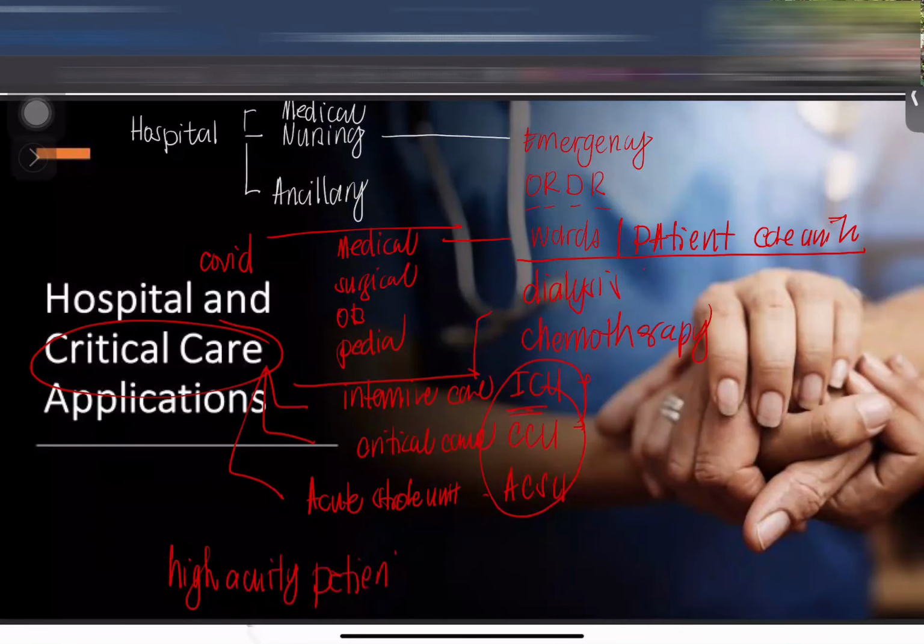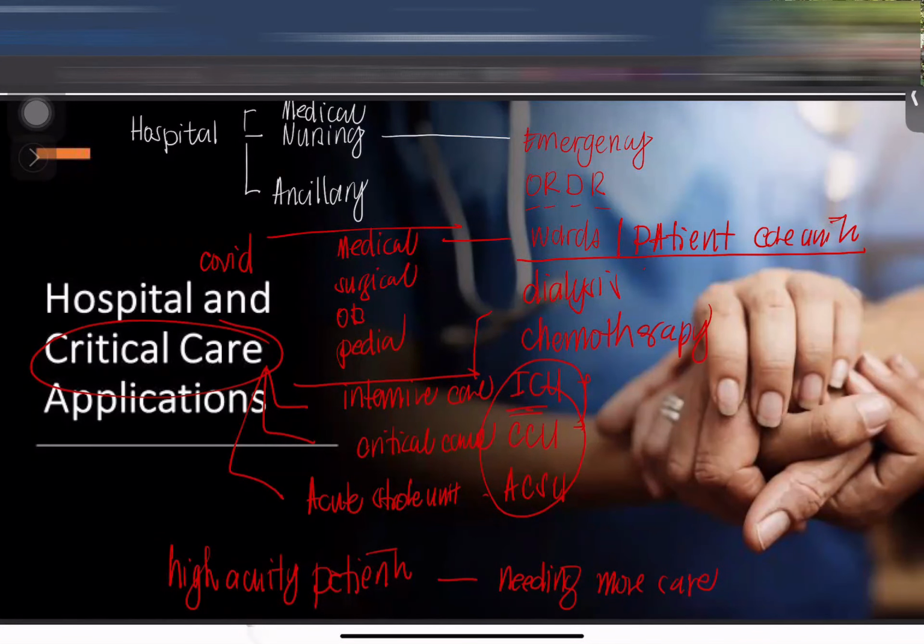When I say high acuity, it means these are patients needing more care, more attention, and more nursing hours. They need close monitoring and intensive care so that their condition would be relieved in the hospital setting.